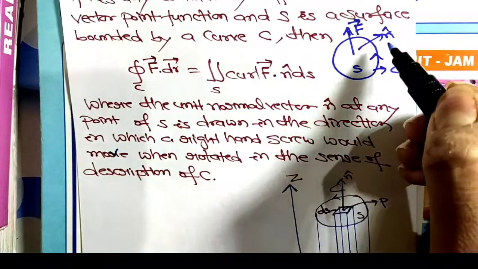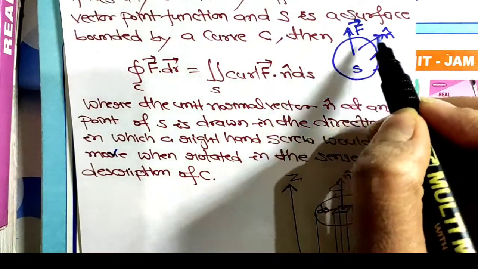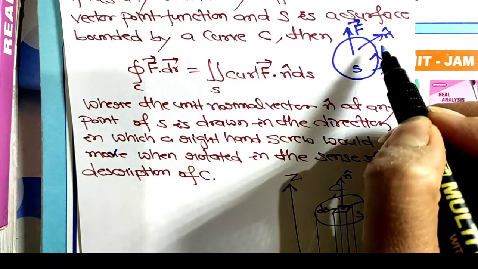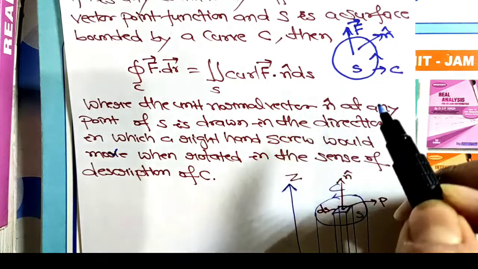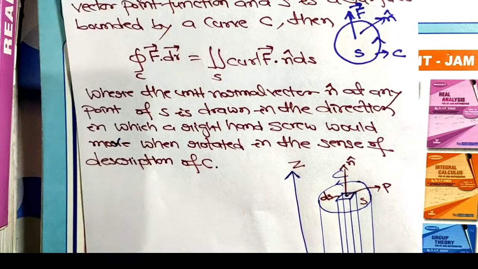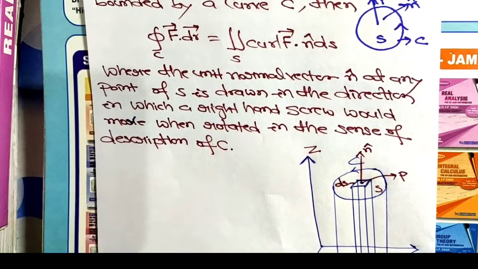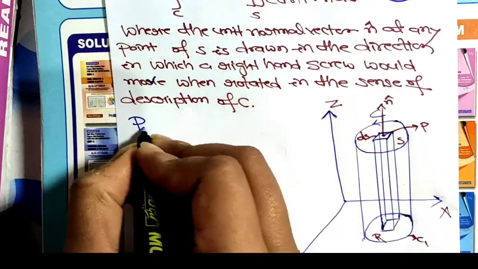So this unit vector comes outside of this curve. If the curve is rotating clockwise, then this vector n is coming inside the curve. So that is the meaning of the right hand screw rule. So let's start the proof without wasting any time.